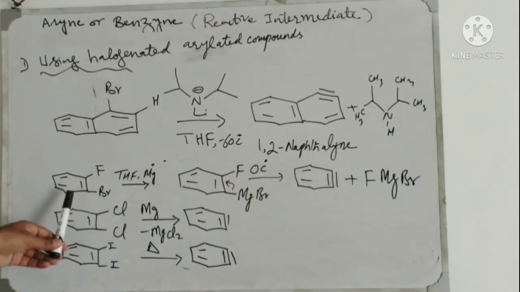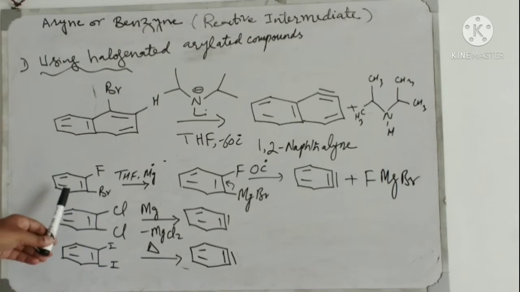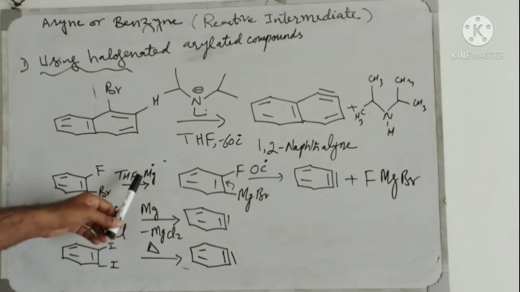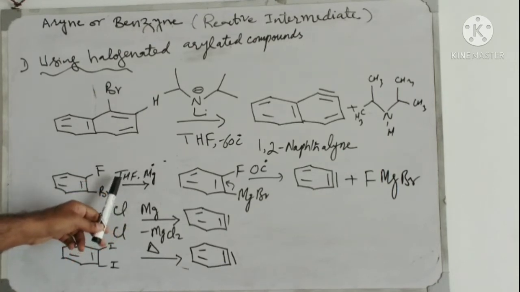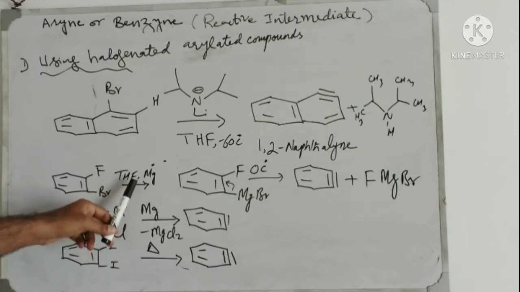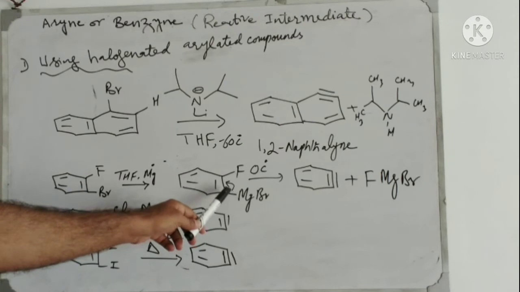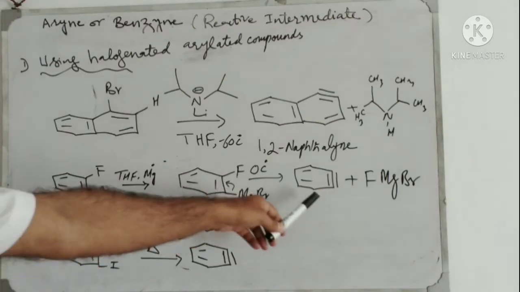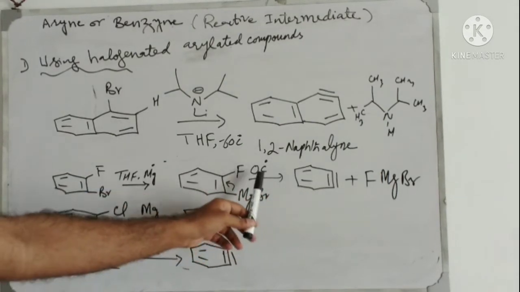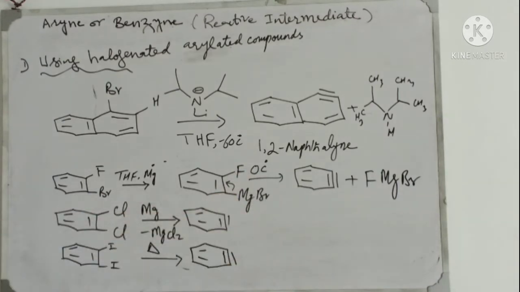So this is another halogenated aromatic compound. Here magnesium turnings are used in the presence of tetrahydrofuran at low temperature. We make the Grignard reagent here, and then this Grignard is eliminated to form this benzyne intermediate at low temperature. These are two examples of dihalogenated aromatic compounds.